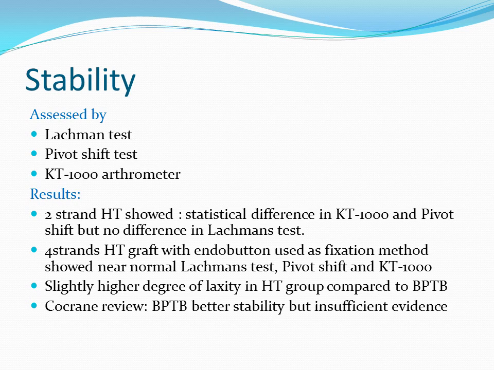When a four-strand hamstring graft with EndoButton was used as the fixation method, it showed near normal Lachman test, pivot shift, and KT1000. There was a slightly higher degree of laxity in the hamstring group compared to BPTB. The Cochrane review shows BPTB has better stability but insufficient evidence.